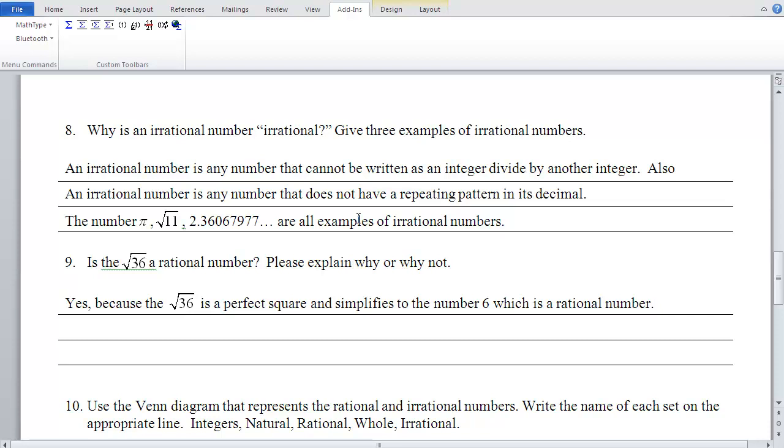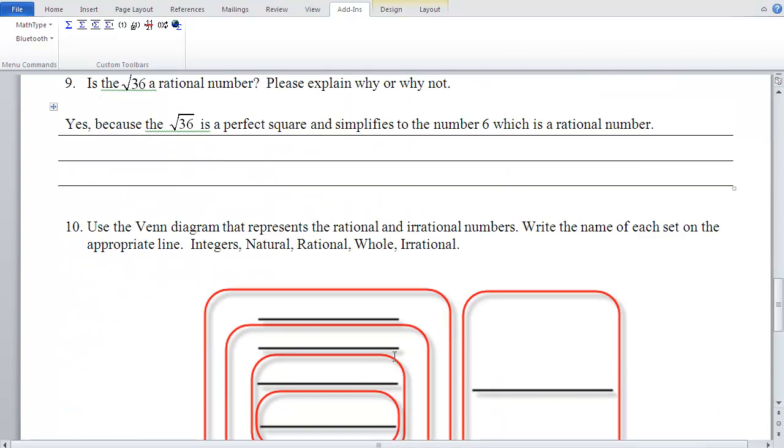There we go. Alright, so that's number 9. Is the square root of 36 a rational number? Please explain why or why not. Yes, because the square root of 36 is a perfect square and simplifies to the number 6, which is a rational number.